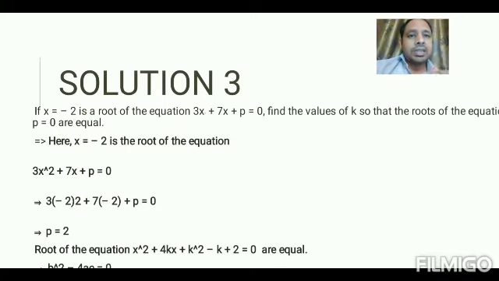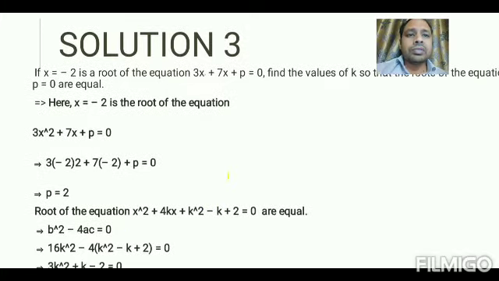We have to understand here that in the first case it is given that x equals minus 2 is the root of the equation 3x square plus 7x plus p equals 0, right? That means if we substitute x equals minus 2 in the first equation, we will get the final answer as 0.